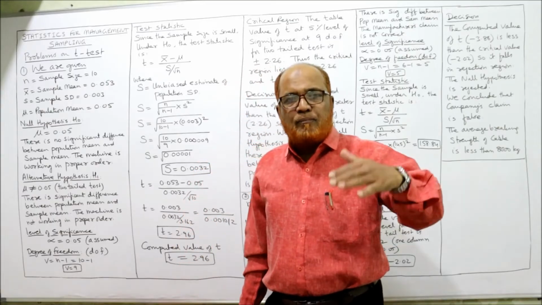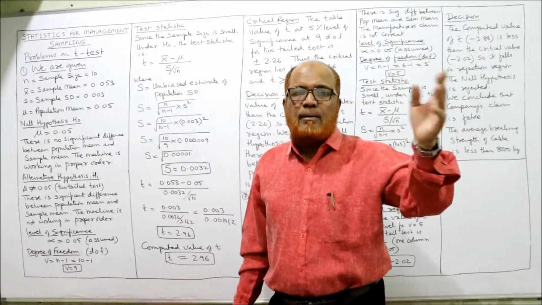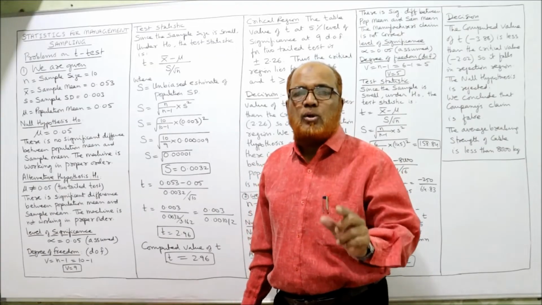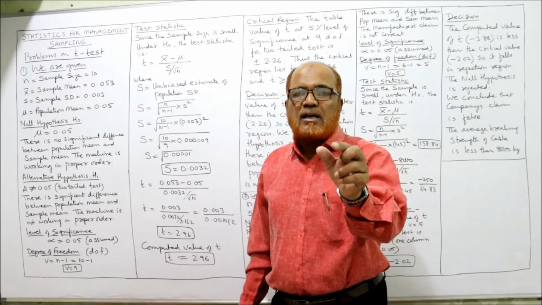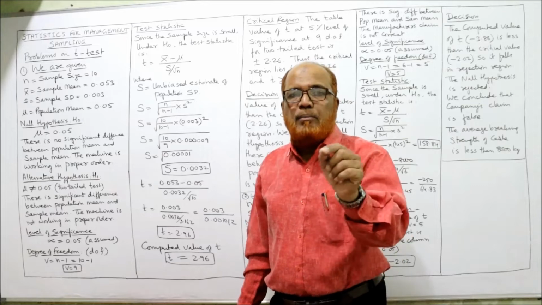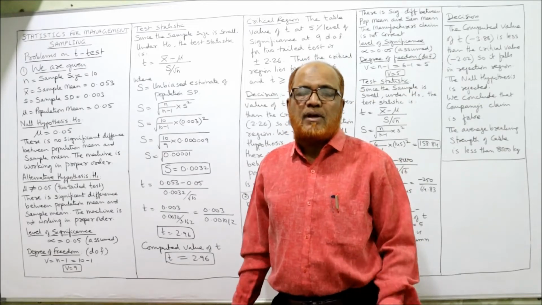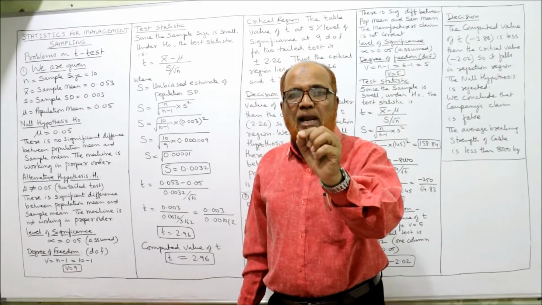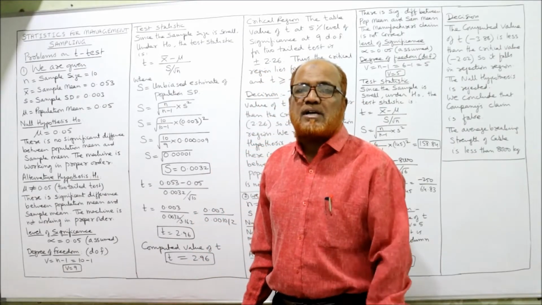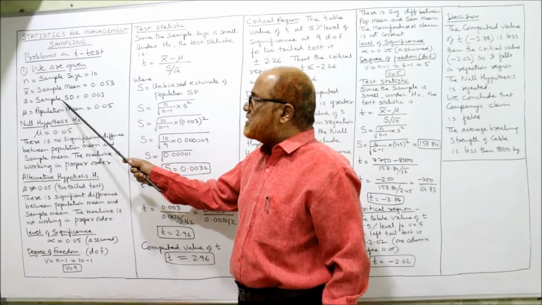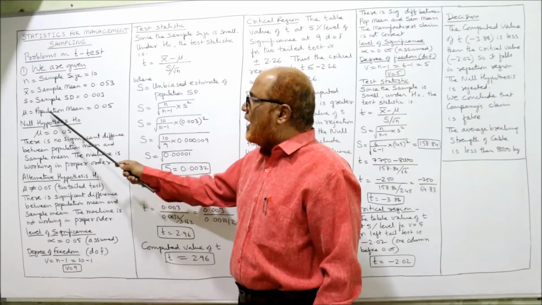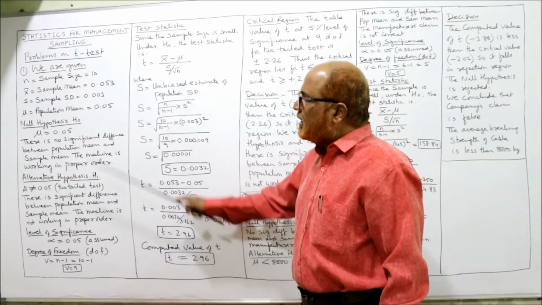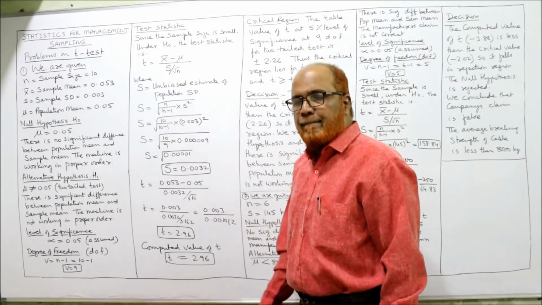So you have to remember the notations. X bar is the sample mean and mu is the population mean. Sigma is the population standard deviation. Small s is the sample standard deviation. So small s is 0.003 and population mean mu is equal to 0.05. This is the complete information given.